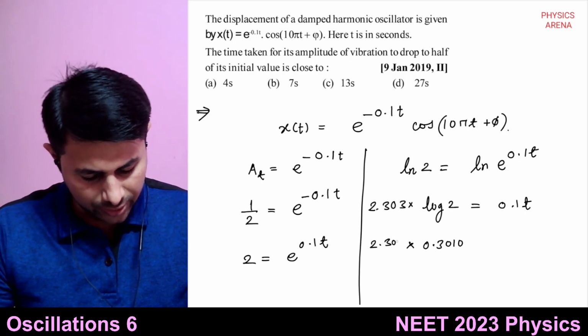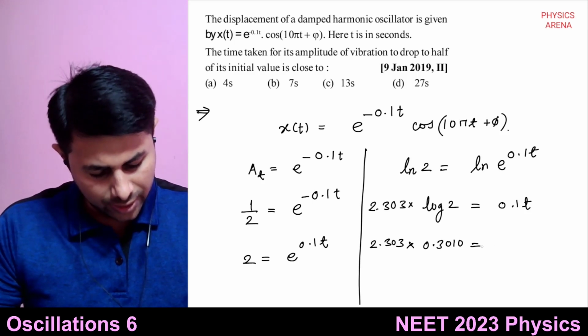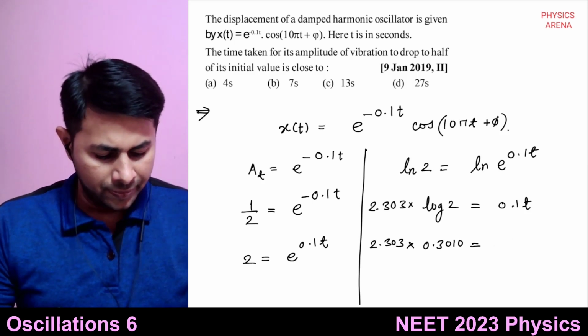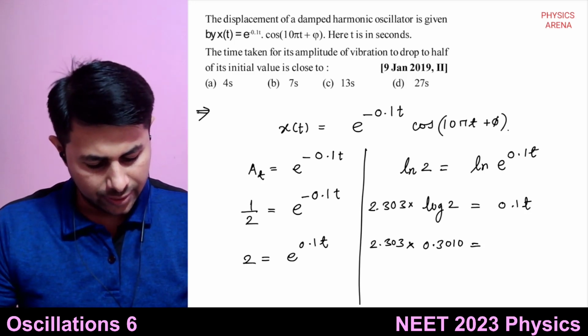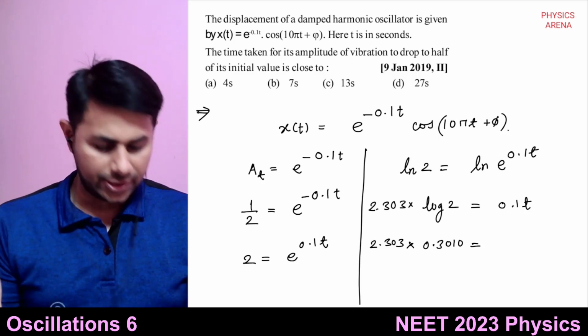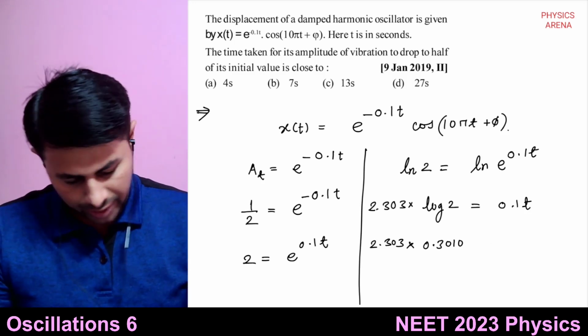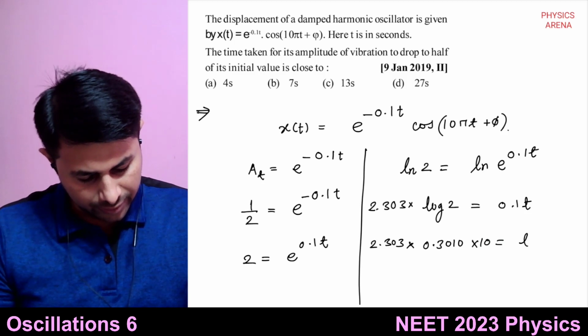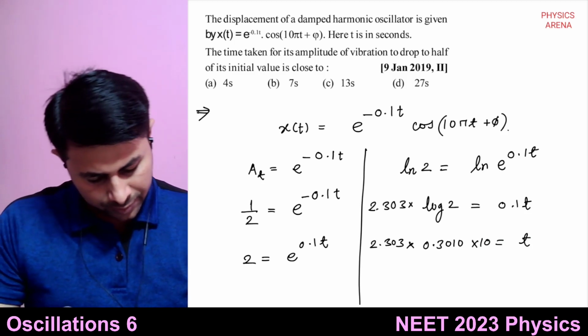So 2.303 multiplied by 0.3010 is 0.1t. We can move that 0.1 on the left hand side, so it becomes this thing multiplied by 10, which is equal to t. So how much is t?